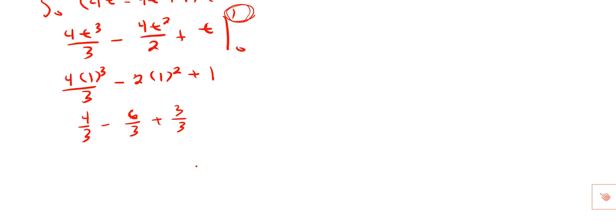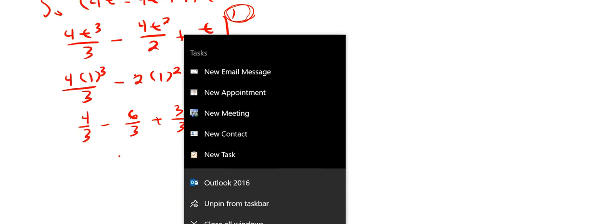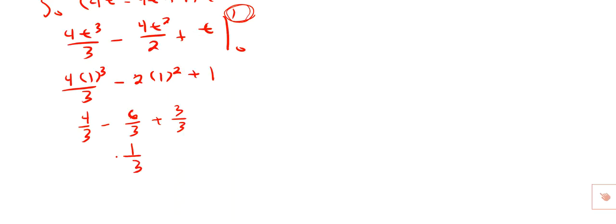And then 4 minus 6 is negative 2, and negative 2 plus 3 equals 1/3. So I see here that the antiderivative of 2t minus 1 squared dt evaluated from 0 to 1 is equal to 1/3.